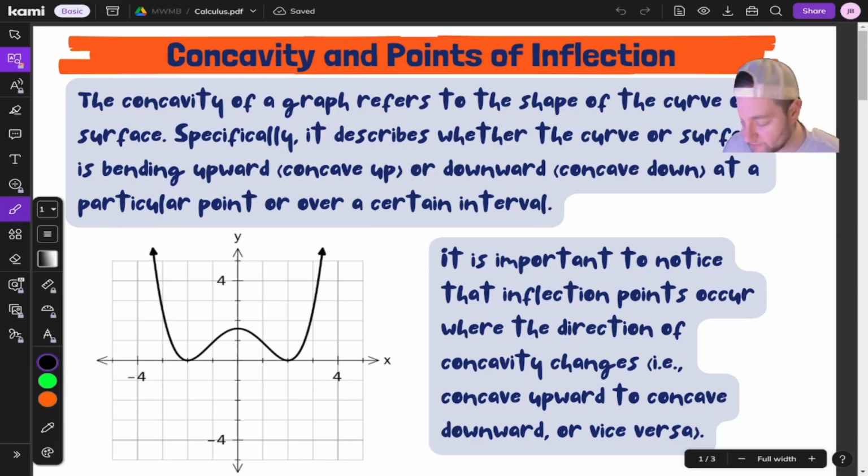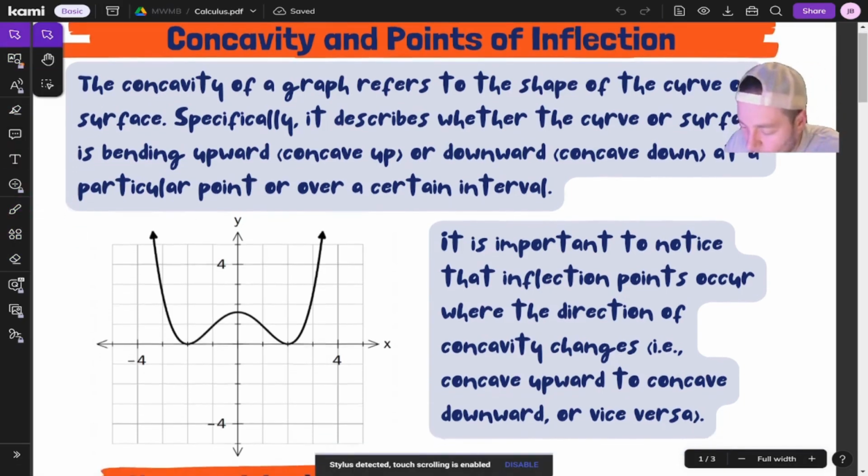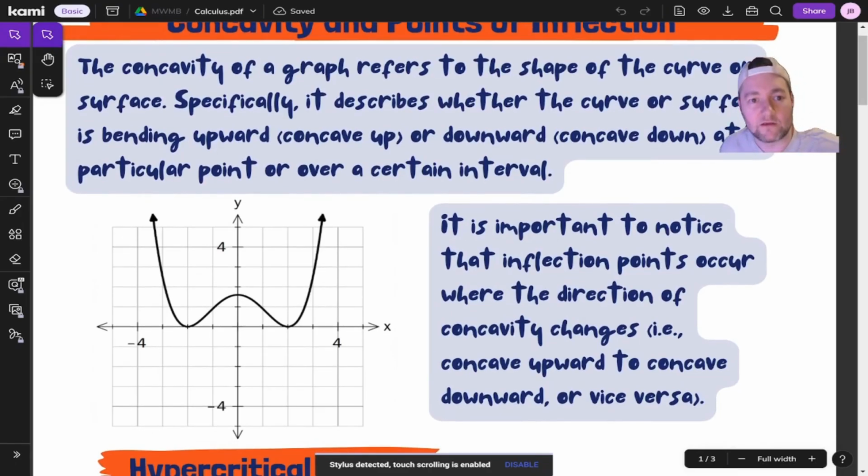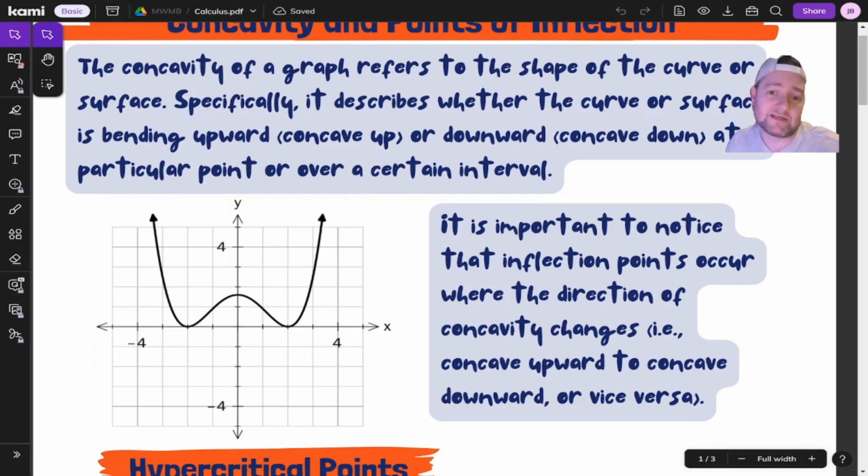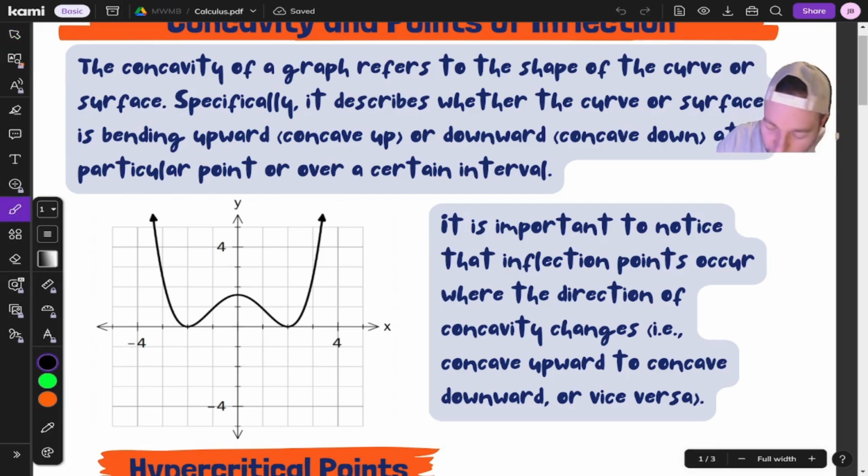If you look at this graph here, I have a graph of a quartic, and there are some real areas here that we can examine where it opens up and opens down. I have a definition of concavity on the screen, but basically it's exactly what I just said. You can tell easily where the graph opens up and down, based on whether the graph has a shape pointing up or down.